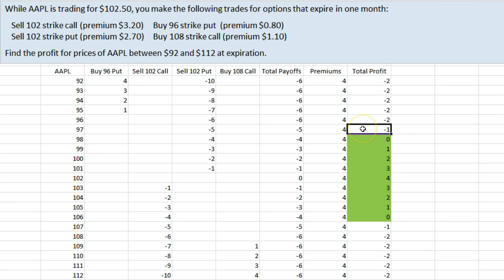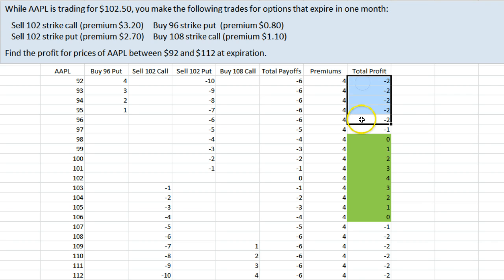And at this point here, 97 or below, or 107 or above, we are losing on this combination of options, but in the butterfly spread, the 96 put and the 108 call that we purchased cap our losses by making us money when the stock price gets too far away from 102, and so we have capped our loss at $2.